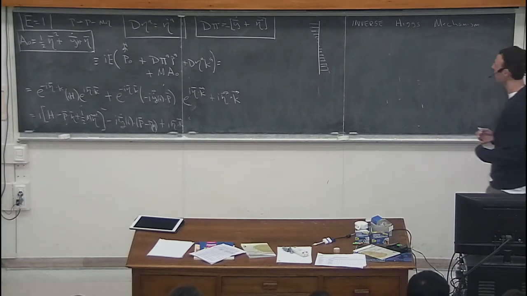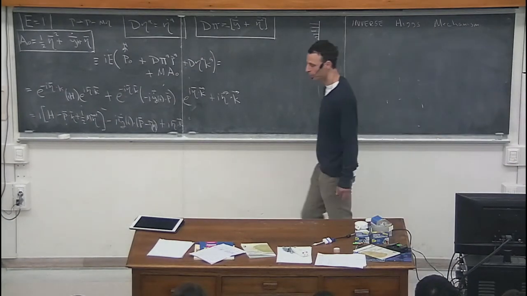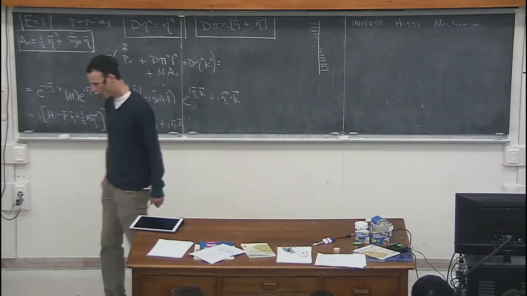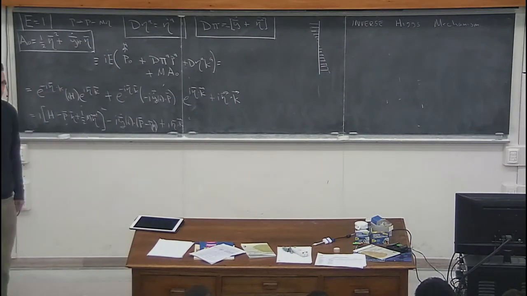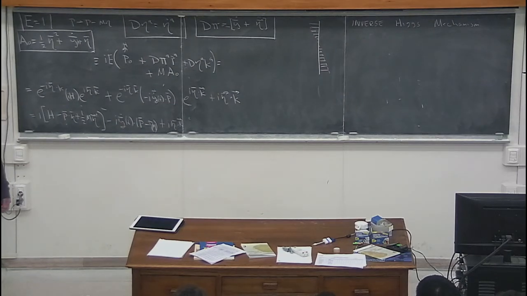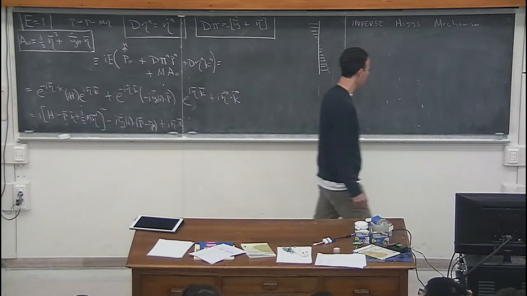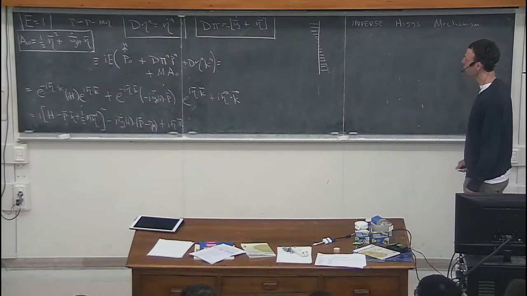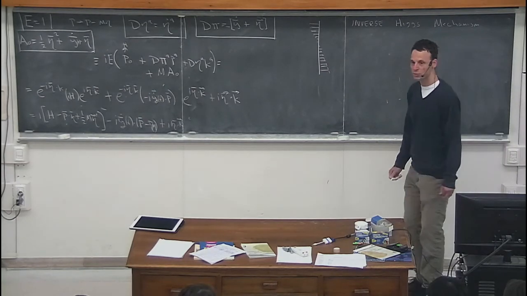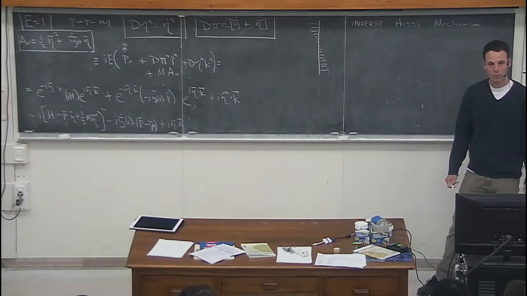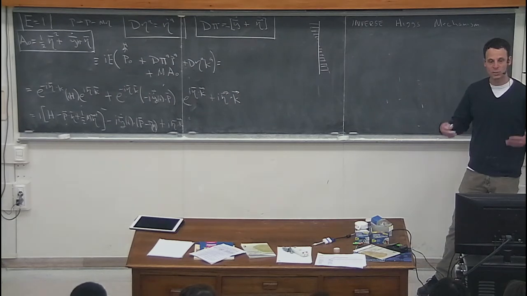So how do we get rid of this eta? What we're saying is that this boost Goldstone is a redundant degree of freedom. And the way this is done is we impose a constraint on the system, but we have to impose a constraint which is consistent with the symmetries.